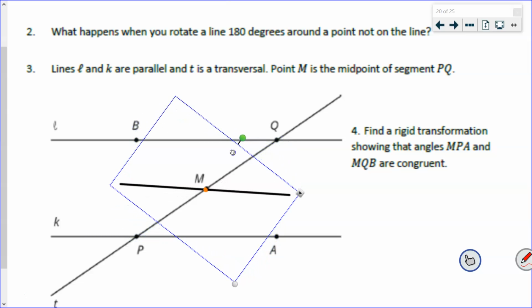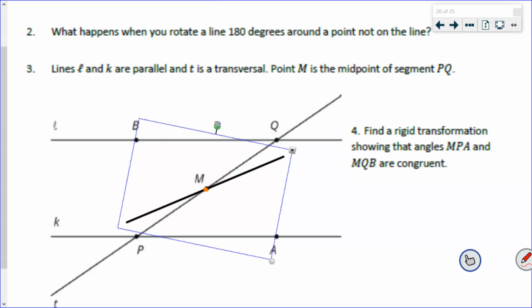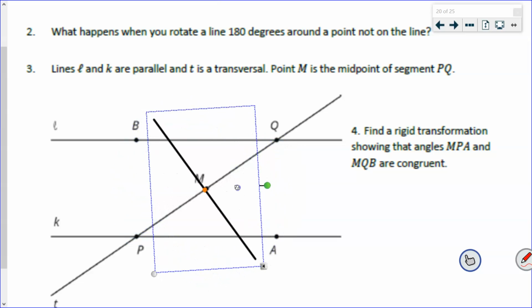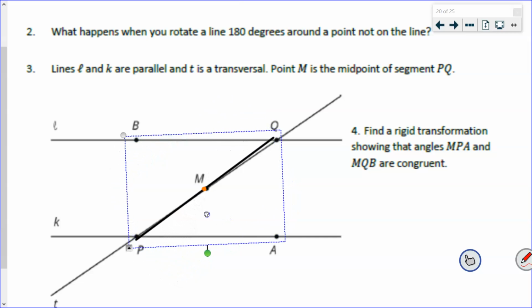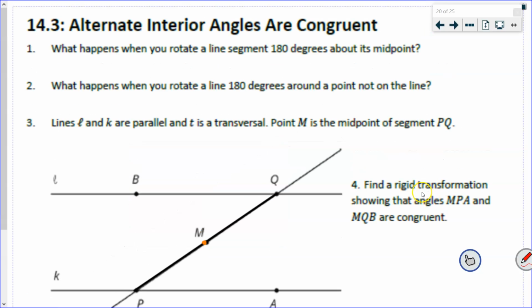Just the segment. What's happening, Parker? It lands on itself. I'm doing it now on the screen, rotating that 180 degrees around its midpoint, and it lands back on itself. That's important to note. We're going to write that down right here. The line segment lands back on itself.